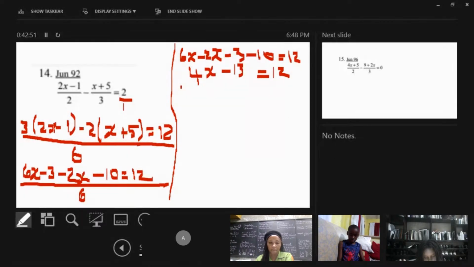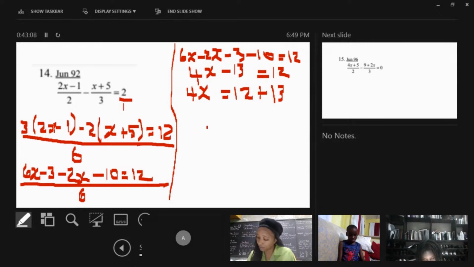So we bring over the 13: 4x is equal to 12 plus 13, and that's 25. So 4x is equal to 25. We put the 4x and the 25 over 4 because we want to get x by itself.